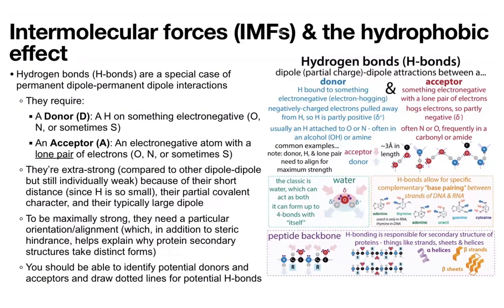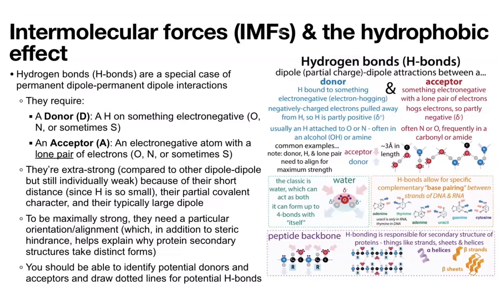So we can consider that hydrogen on the sulfur can contribute as a hydrogen donor, and that the sulfur itself can act as an acceptor, because it has a lone pair of electrons, and when you have an electronegative atom with a lone pair of electrons, well, now it can serve as a hydrogen bond acceptor.